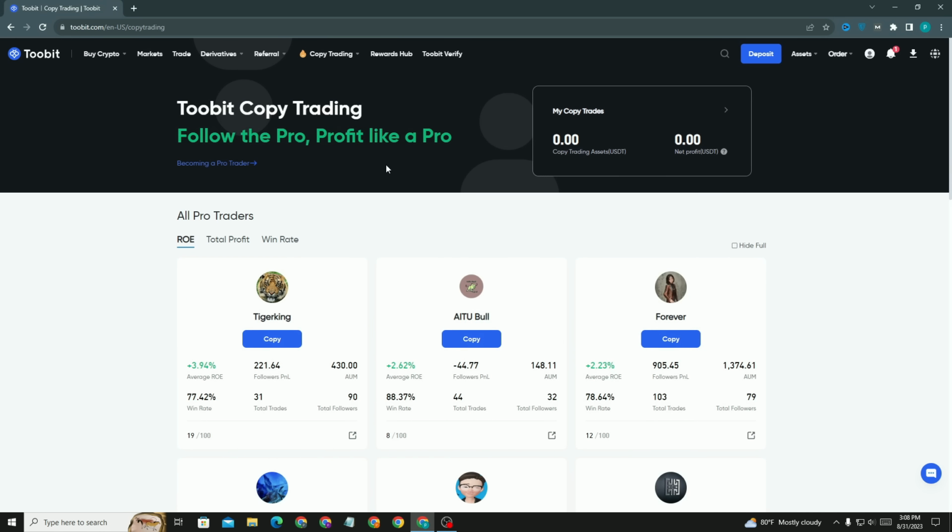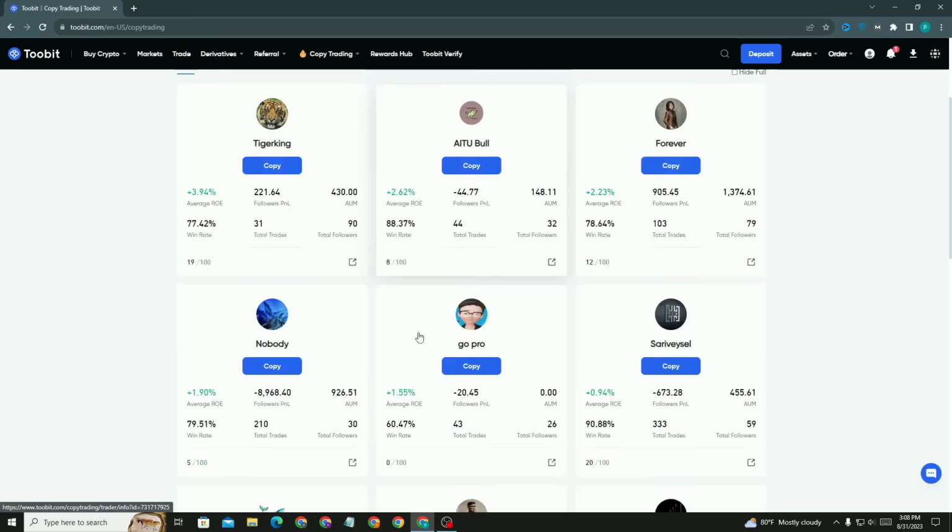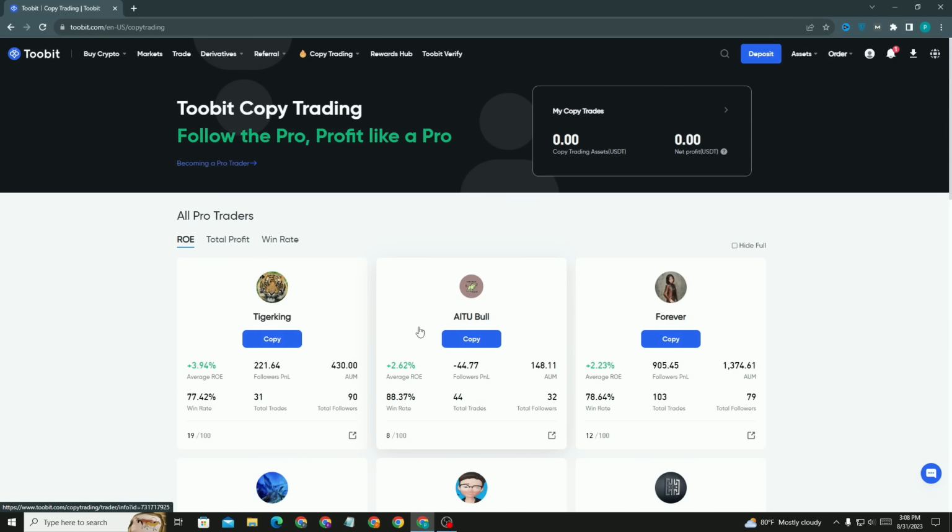So after that, here you can see copy trading. In every crypto trading platform, copy trading is the most popular thing that many people want to do. So simply you can copy and invest some amount of money. Then if the trader has a good amount of profit, he will share some amount with you. Then you can simply have a good margin.